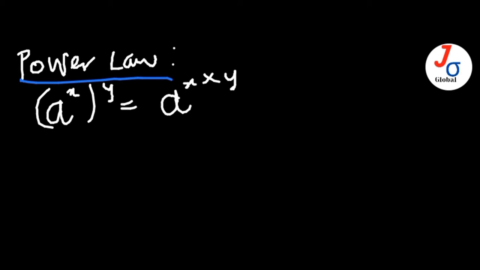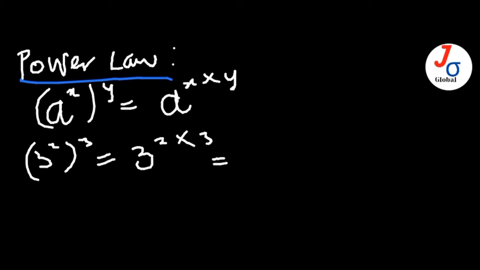If you have 3 squared, all raised to the power of 3. Basically, that is saying 3 squared, that's 3 raised to the power of 2, according to this law, multiplied by 3. And that's 3 to the power of 6.